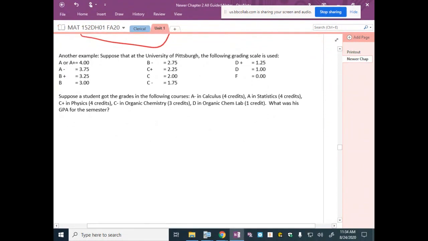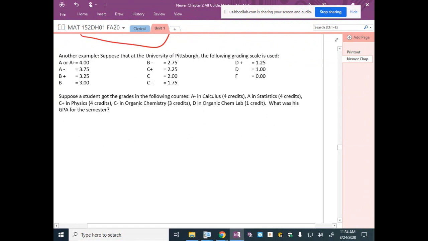Now, what happens is you would get grade points. This is how your grade average would be calculated. Certain classes have certain amounts of credits. How many credits is this class? 4. This is 4 credits.